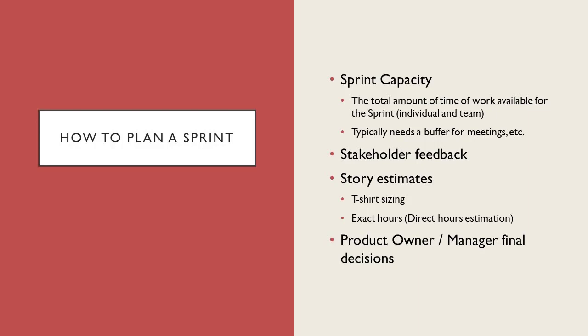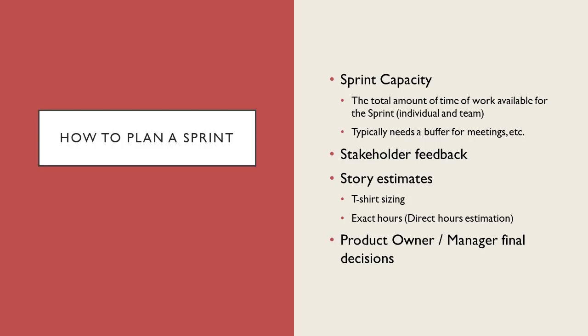So again, if we are referring to our previous example of a 40-hour work week with an 8-hour buffer for a realized capacity of 32 hours for one developer, then stories that total 32 hours can be included in a sprint if the sprint is a single week. Another common practice of story estimation is called t-shirt sizing.